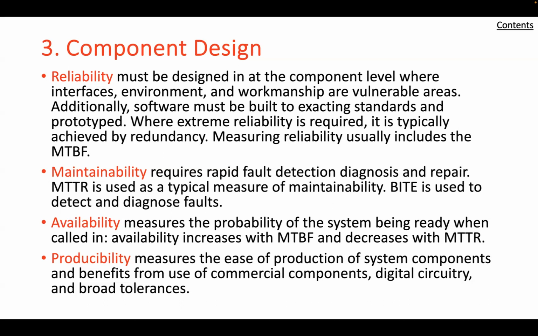Then we have thoughts on design for maintainability. The issues that must be addressed to ensure a maintainable system design begin at the system level and range all the way down to include component parts. I'll just quickly go through this and you can see the textbook for more detail.